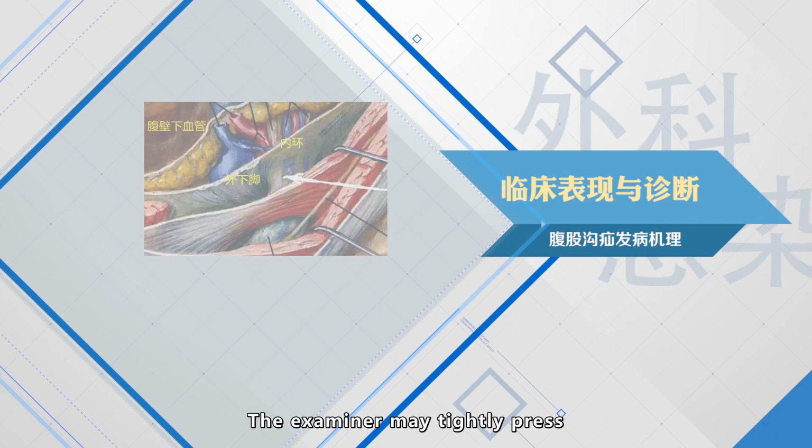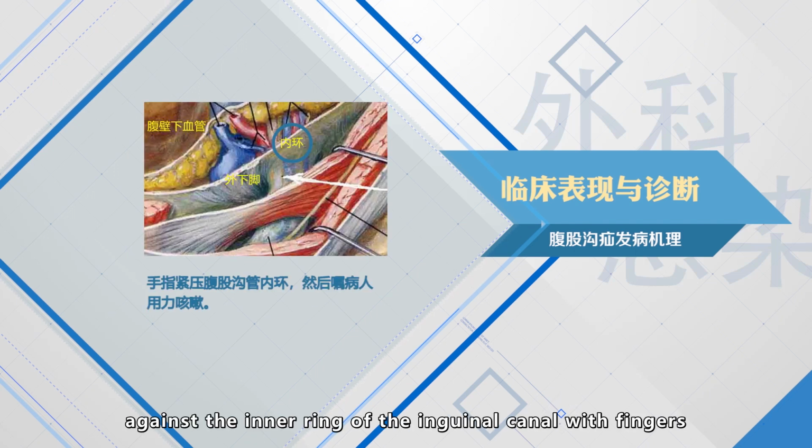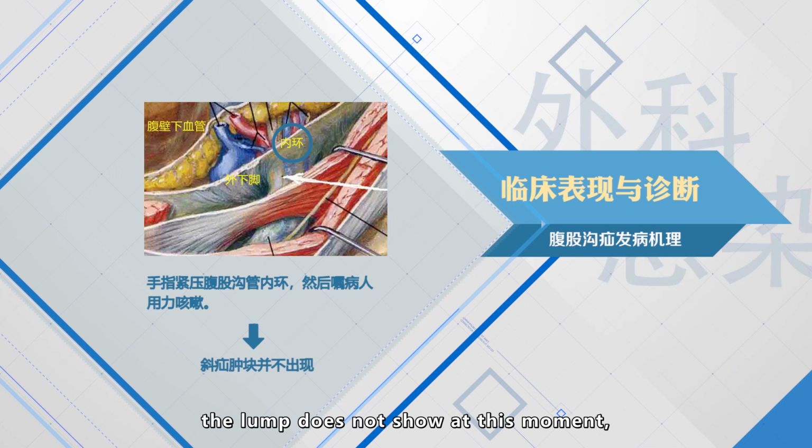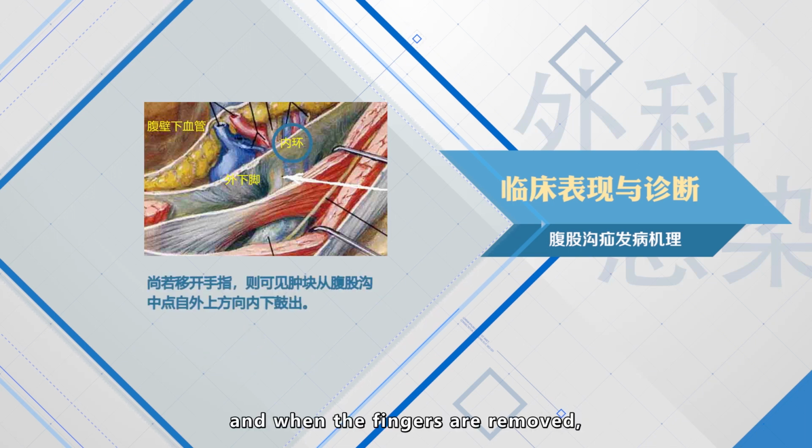The examiner may press tightly against the inner ring of the inguinal canal with fingers and then ask the patient to cough intensely. The lump does not show at the moment, and when the fingers are removed, the inward and downward protrusion of the lump from the center of the groin can be observed.